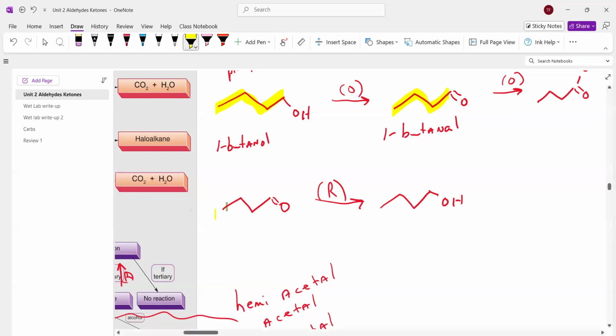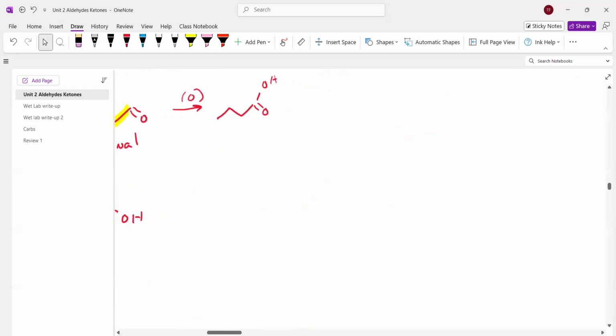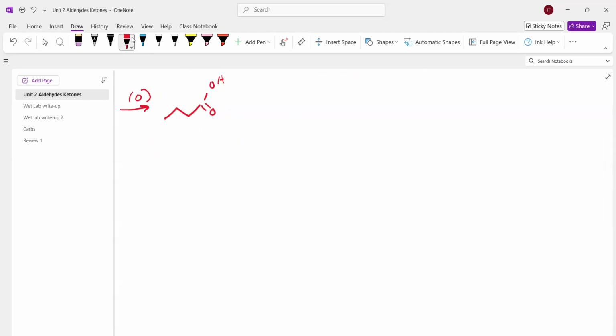And again, we're going to have the same backbone. All right, so let's do another kind of reaction. Let's do a synthesis problem.